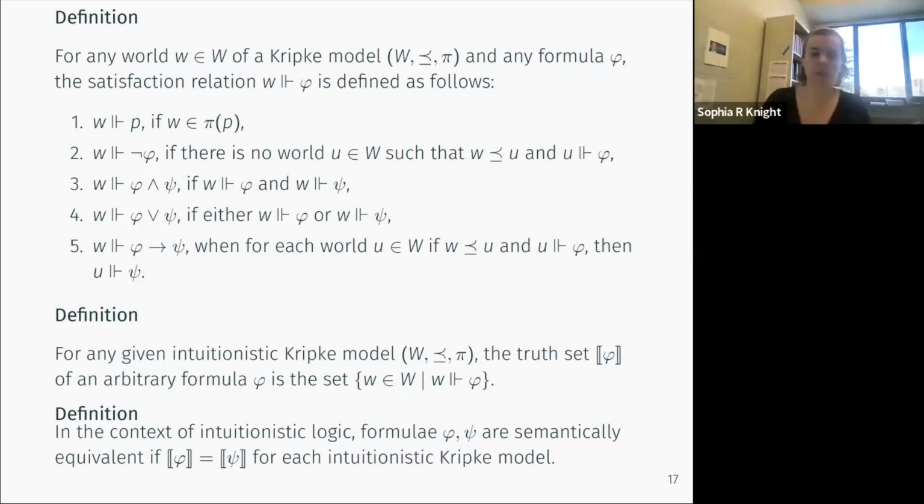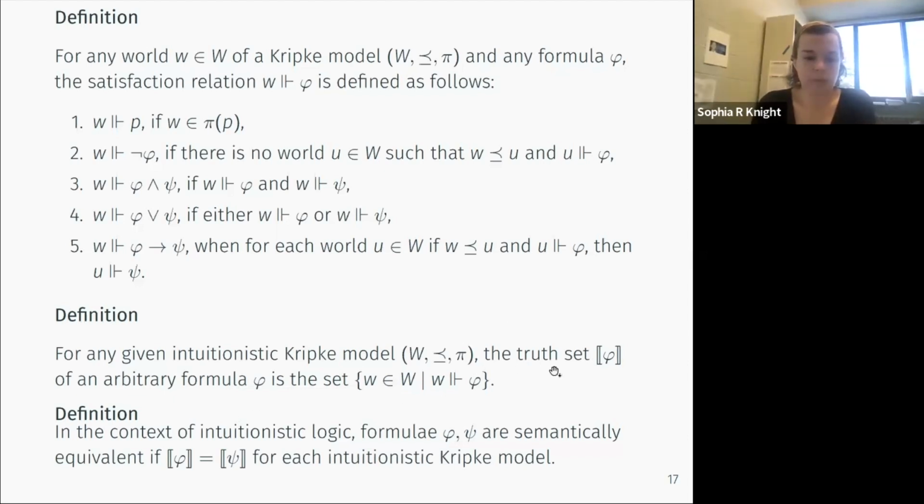So it's like we look at the whole set of worlds above W, the world we're at now, and check whether all the ones that make phi true also make psi true, including W itself. If you use this semantics to check what formulas are true and false at W, you get the same universally true formulas as with other semantics or proof systems for intuitionistic logic.